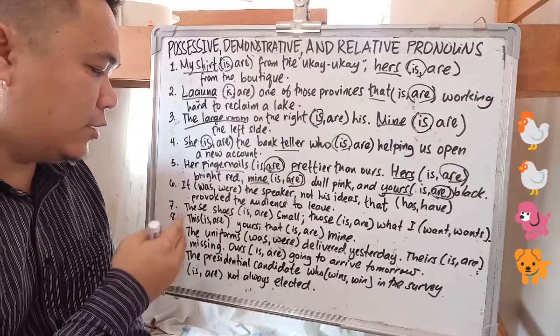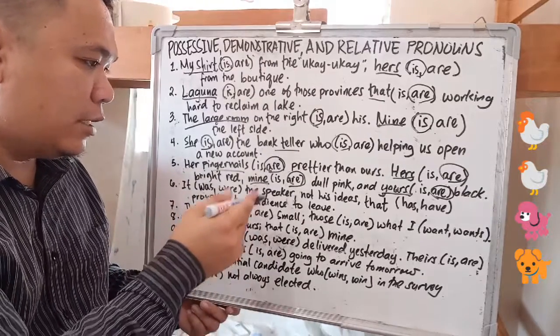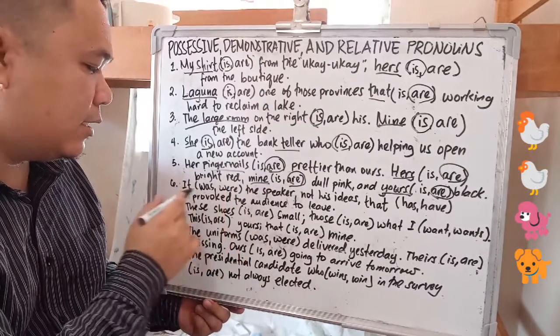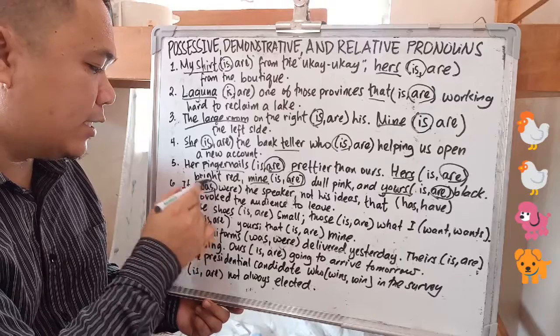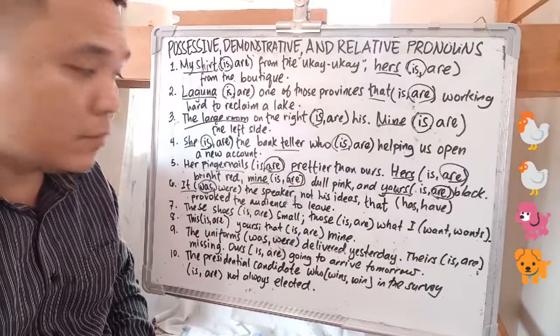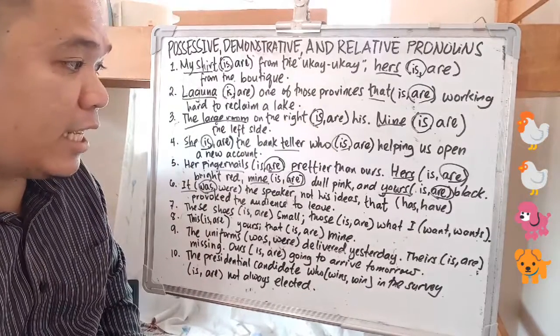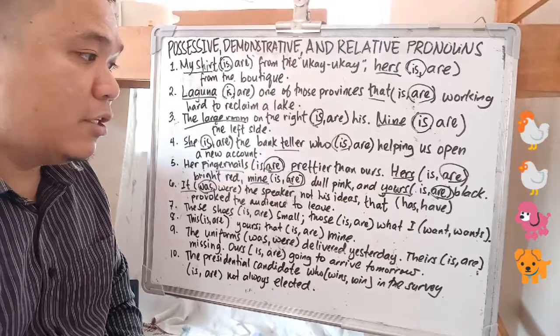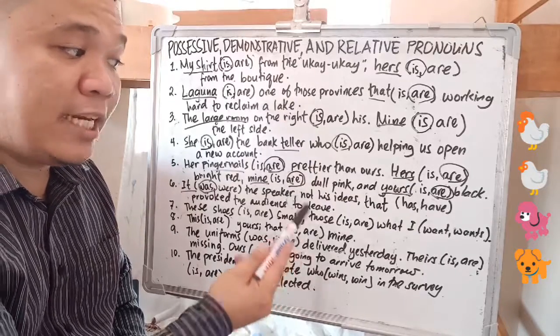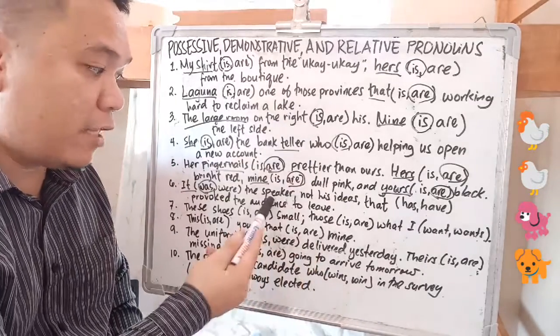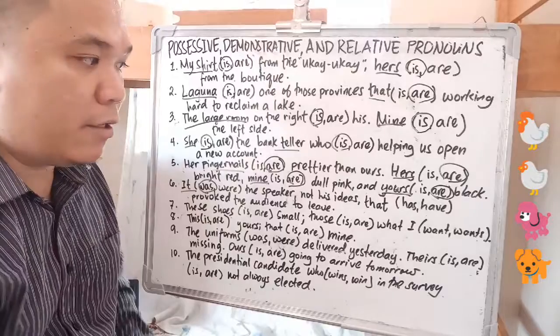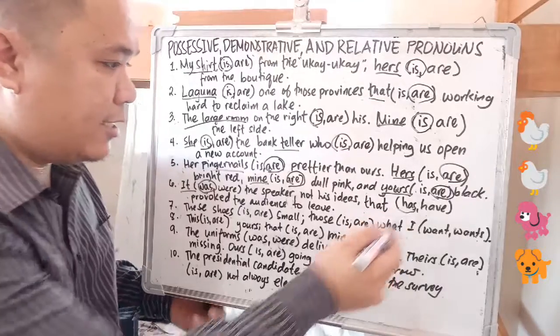So it was, the subject, was is our verb. The speaker, not his ideas, that has or have. We're not referring to the negative phrase here, but to the affirmation, the speaker. So that has provoked.